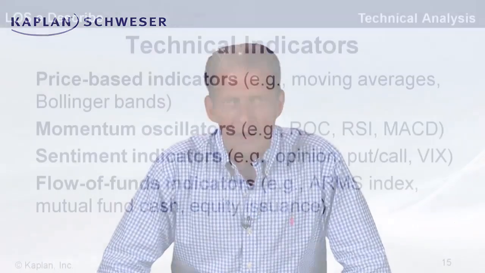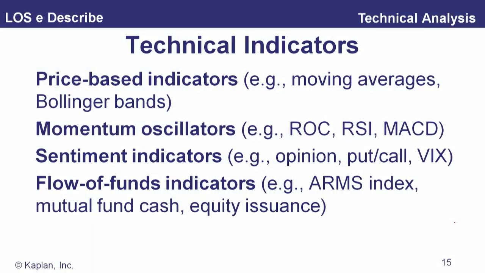So that's Bollinger Bands that are sometimes used. Momentum oscillators are scaled price measures, and we call them oscillators because either they bounce between a minimum and maximum, like 0 and 100, or they oscillate around a value like 0, 1, depending on how it's been set up.